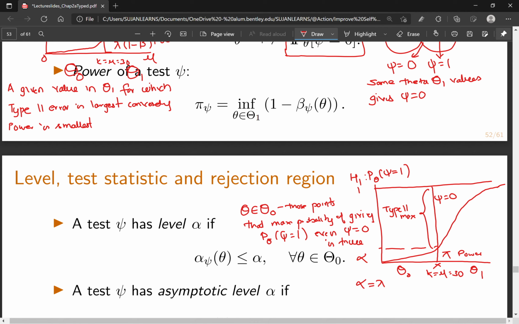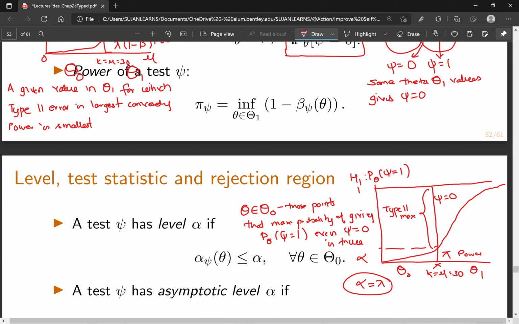In this case, alpha is equal to power, because the same point gives you the maximum probability of giving you a positive test, while the same point also gives you the maximum probability of a negative test.